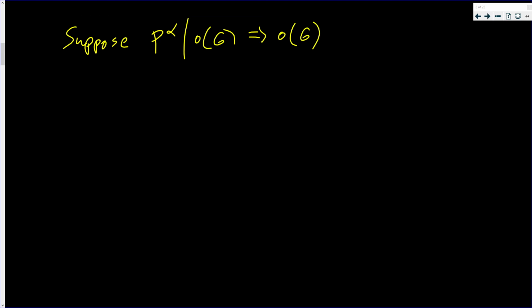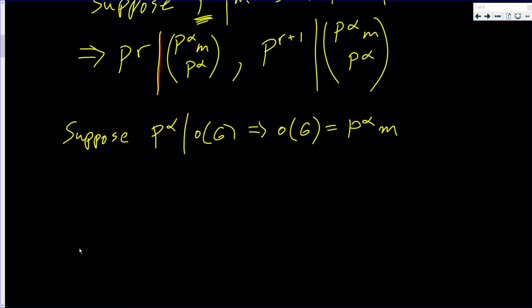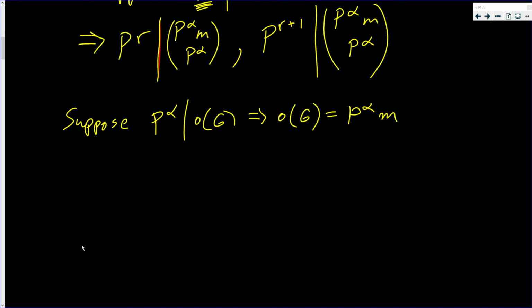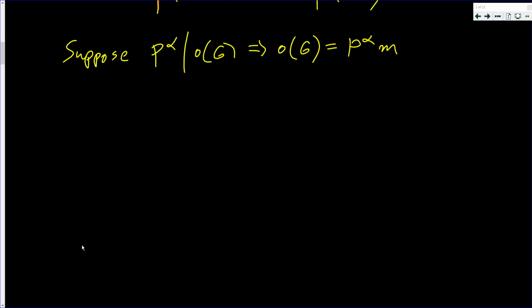Suppose that p to the alpha divides the order of G. Well, what that implies is that the order of G is equal to p to the alpha times m.